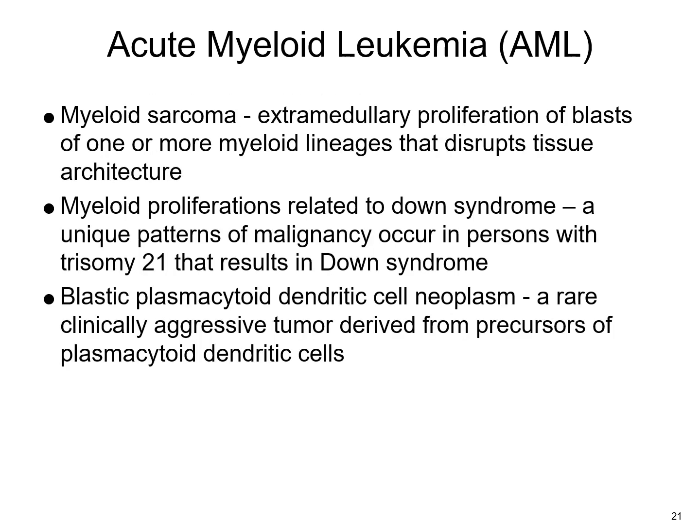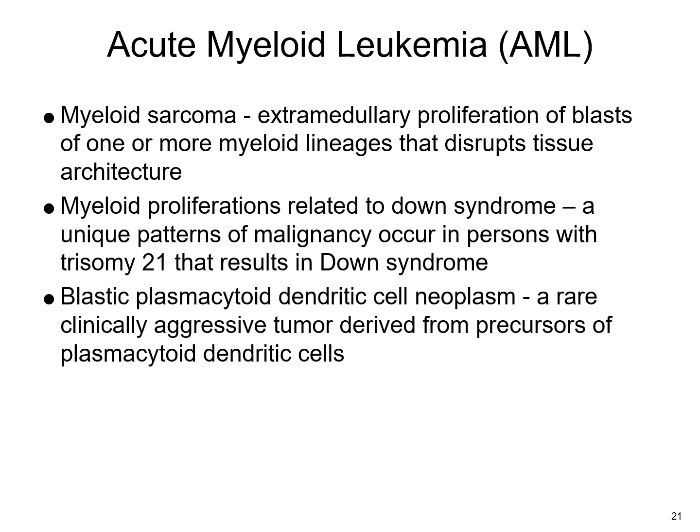So myeloid sarcoma is when you have some of those blasts that start proliferating from either one or more of those myeloid lineages, and it starts to disrupt the tissue architecture and causes some issues there. Myeloid proliferations related to Down syndrome.